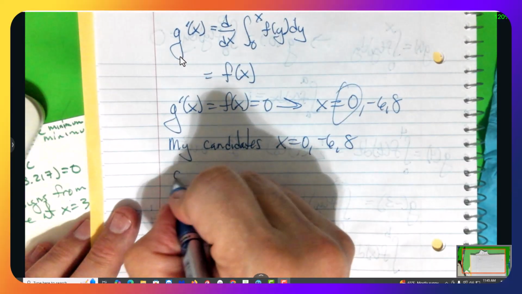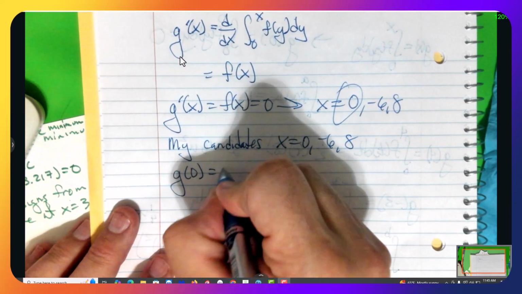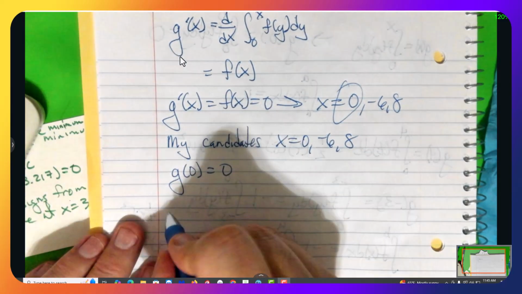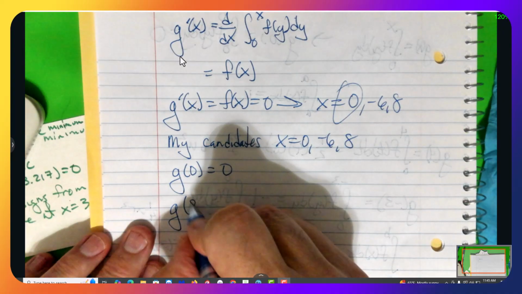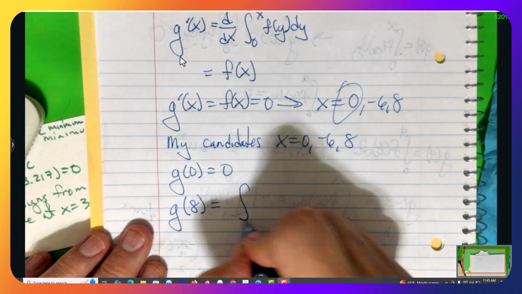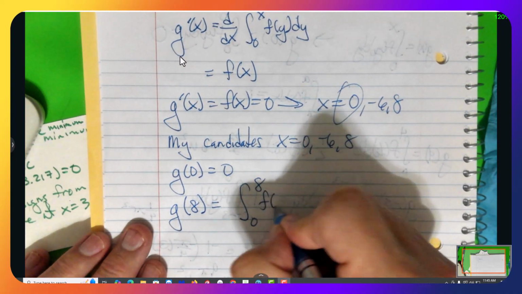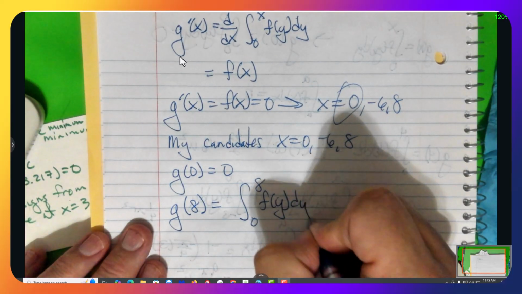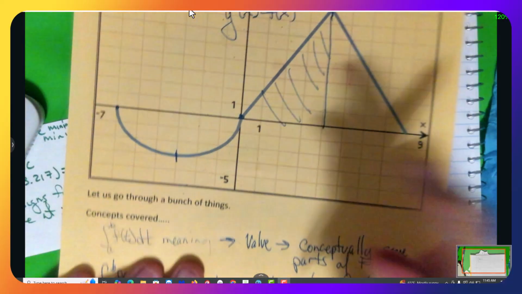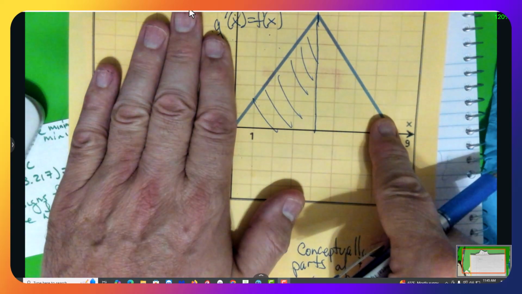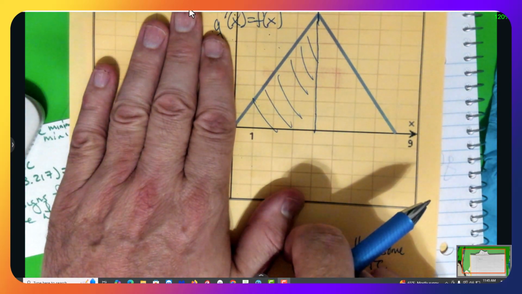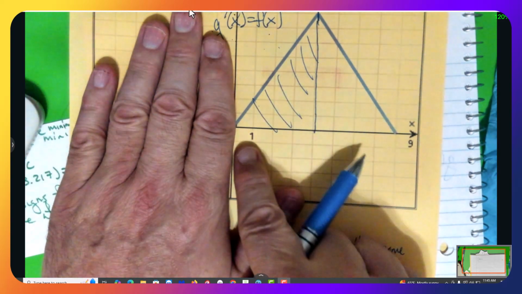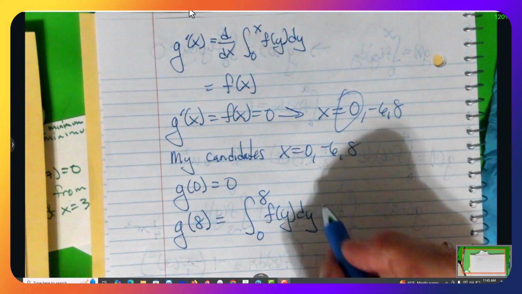Okay. Previously, we've shown that g of 0 was 0. g of 8 is the integral from 0 to 8 of f of y dy. Okay. Is that, ladies and gentlemen, an isosceles triangle? It is. The base is 8, the height is 8.